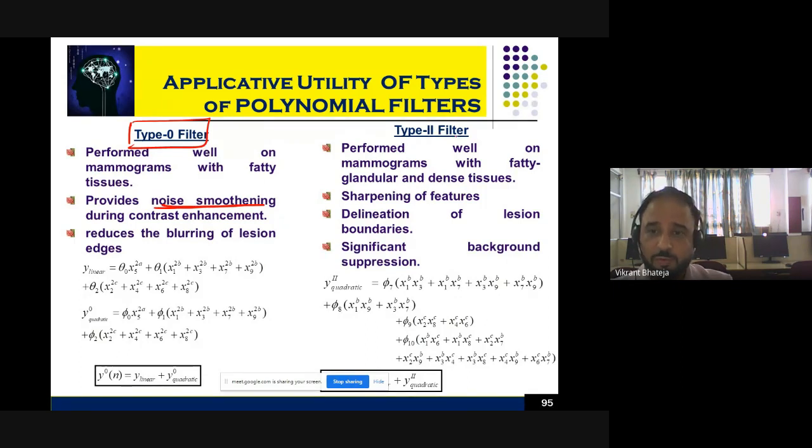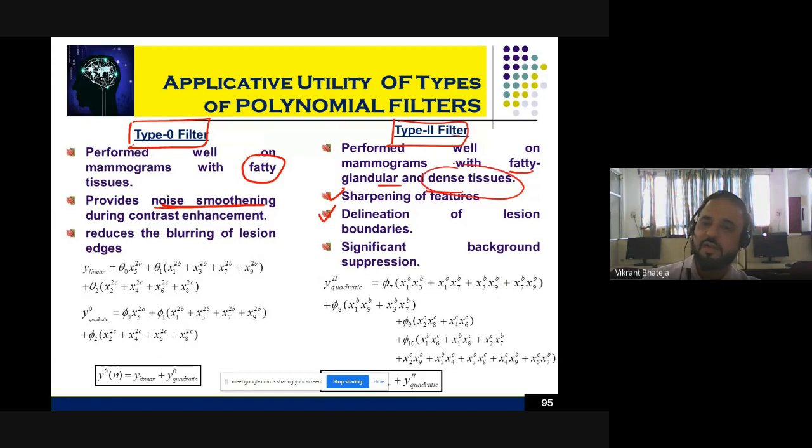The type 2 filter was very good at sharpening of features and delineation of the lesion boundaries. It was also seen that the response of the type 0 filter was very good on mammograms with fatty tissues, that is, generally the mammograms which I showed in category 1 and 2. Type 2 filter responses were very good on mammograms with dense tissues, the ones which I showed in category 3 and category 4.